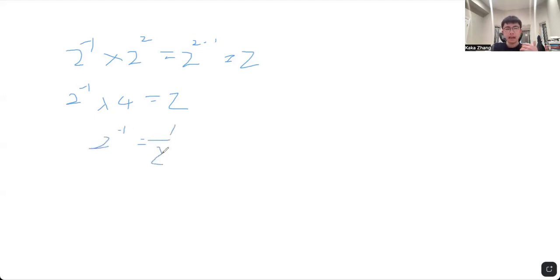Well, 2 to the minus 1 times 2 to the second power is 2 to the 2 minus 1, or 2. This means that 2 to the minus 1 times 4 is equal to 2. And if you divide by 4 on both sides, you see that 2 to the minus 1 is equal to 1/2. In fact, anything to the power of minus 1 is simply 1 over that thing.